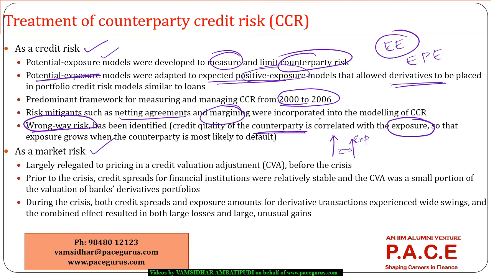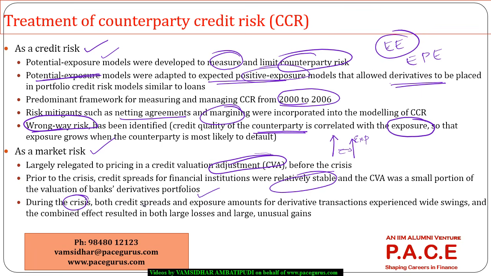Up to the crisis, the way market risk had been incorporated into counterparty credit risk was through the valuation of the credit valuation adjustment, CVA, and especially before the crisis, because the credit spreads were more or less stable, CVA was a very small amount of the value of the portfolios of the banks. So that way it was almost a neglected amount. People did not bother treating counterparty credit risk as a part of market risk at all.